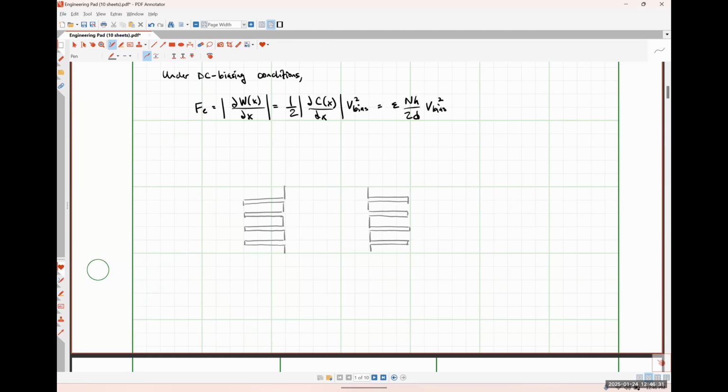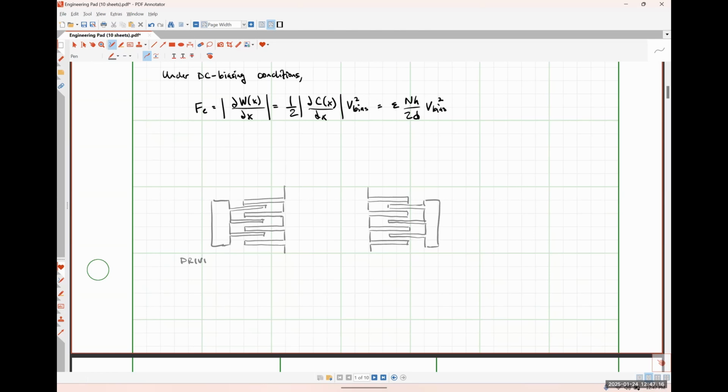Let me draw some fingers here in between for what it's worth. Some over here as well. Like so.